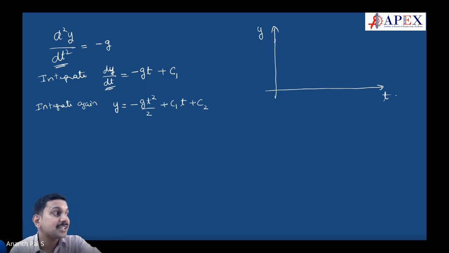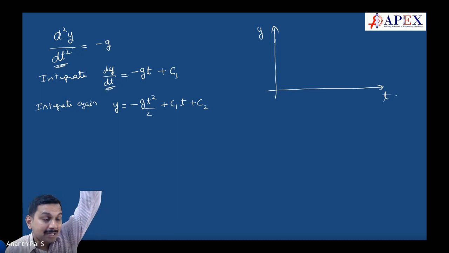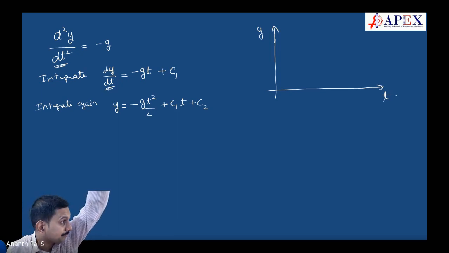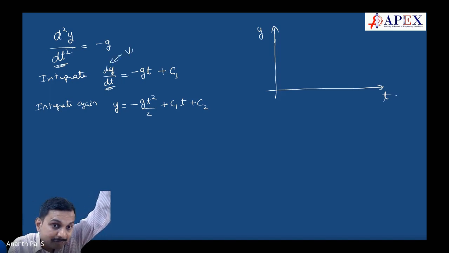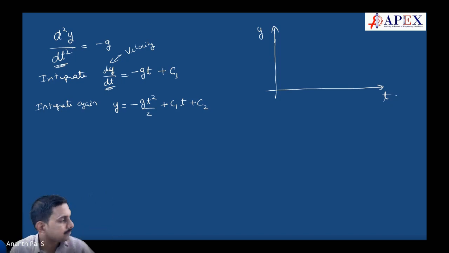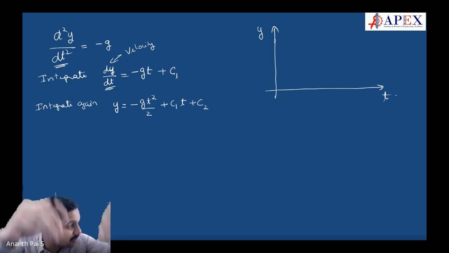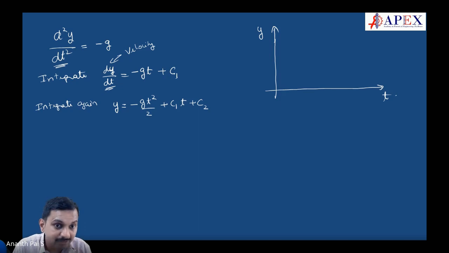Suppose the constant is 0. It means I am leaving it with 0 velocity. Observe, this relates to velocity. When c1 is equal to 0, it means I am releasing with 0 velocity, that is, at t is equal to 0, velocity is 0. Makes sense?